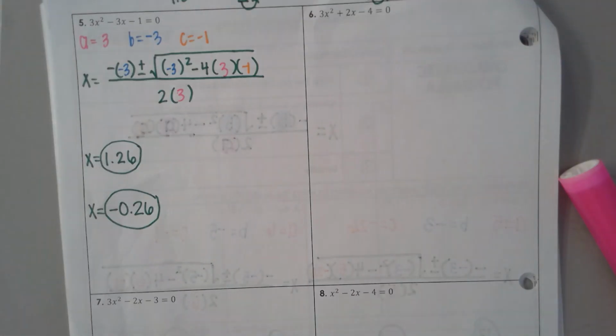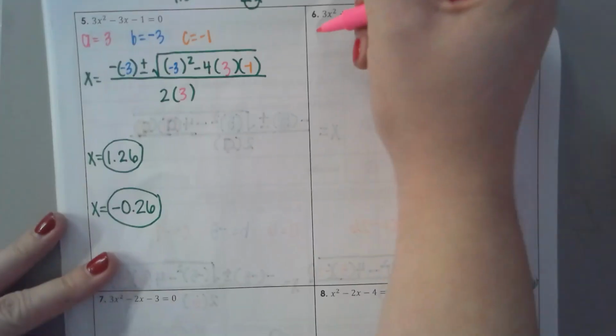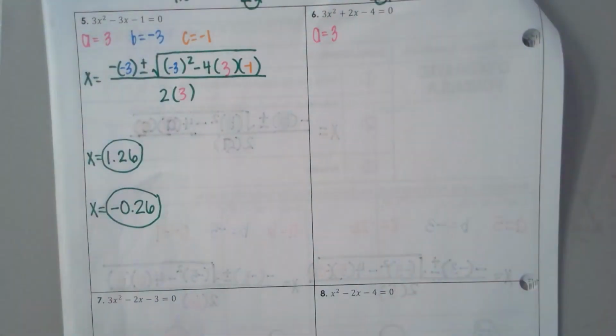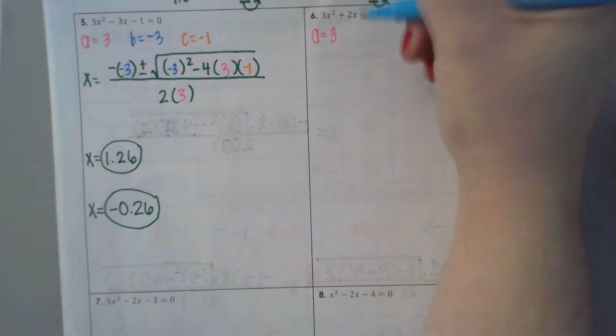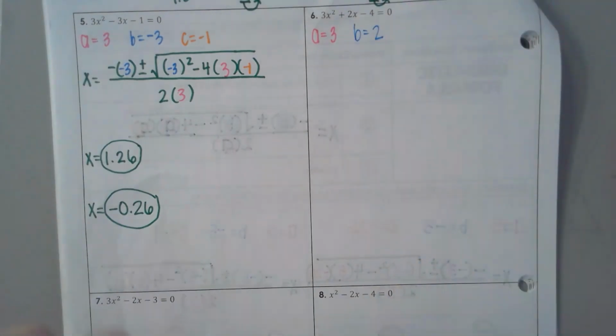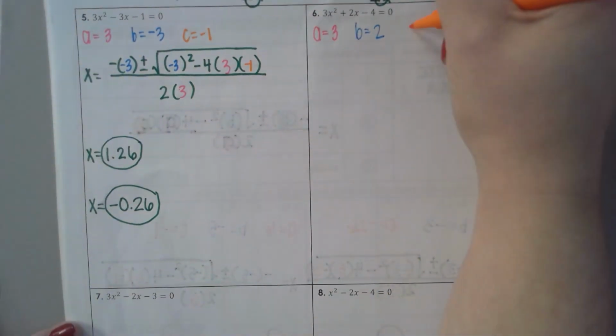Let's do number 6 together, and then I'm going to have you work on the last 2 by yourself. So A is 3. B is 2. Yep, and C is negative 4.